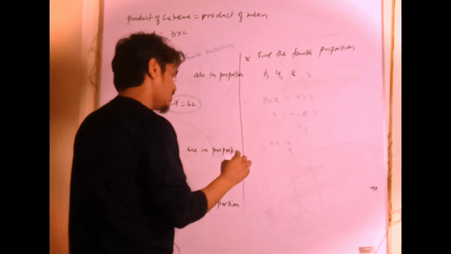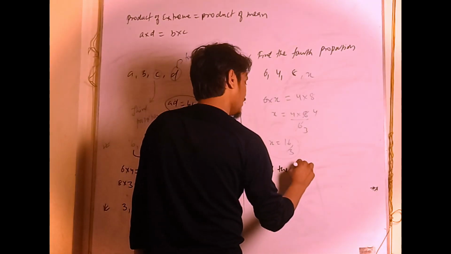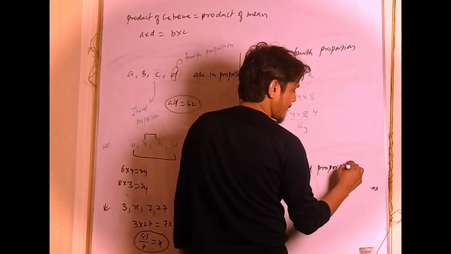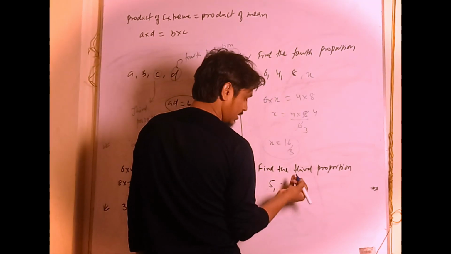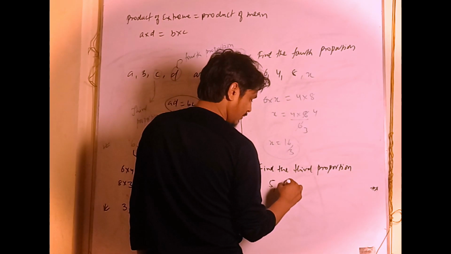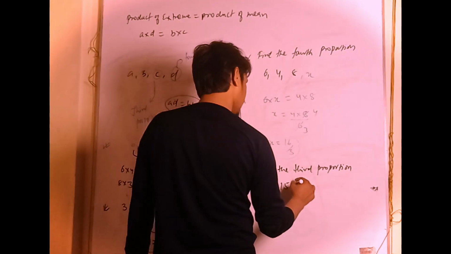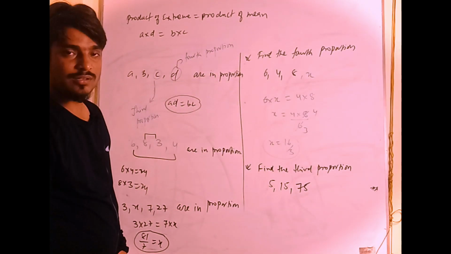Let's try to solve one more question. Find the third proportion. Here we have given 5, 15 and 75.